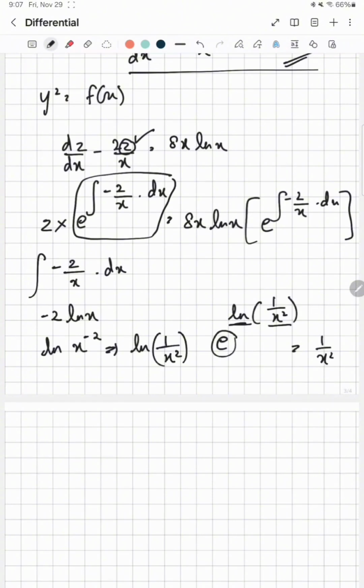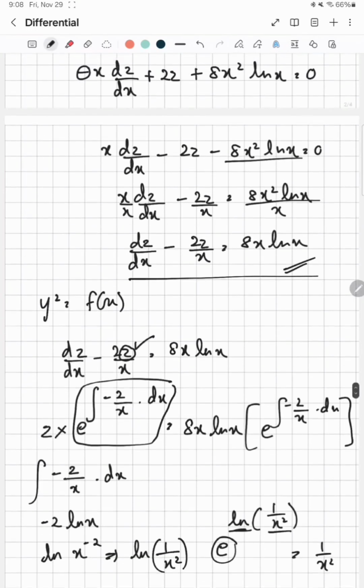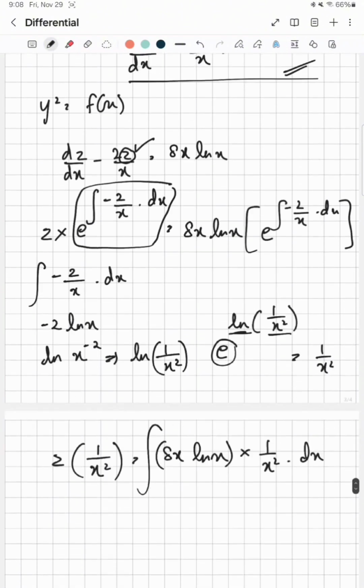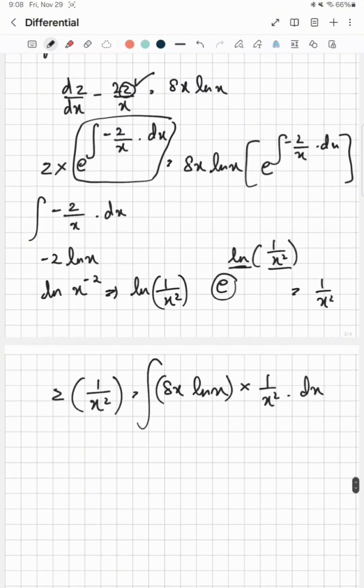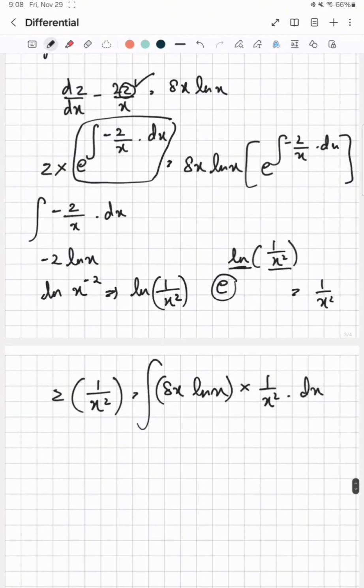So now we can write down x into 1 over x squared equals 8x ln x into 1 over x squared, and the integration of the whole thing.